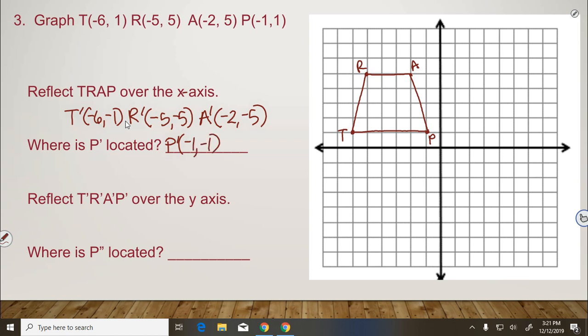So you can kind of think of it as reflecting. This T reflects to here, which is the coordinate they said it should be. This P reflects to here, which is the coordinate we say it should be. And then this R is going to come down 5 and be here, which is at (-5, -5).